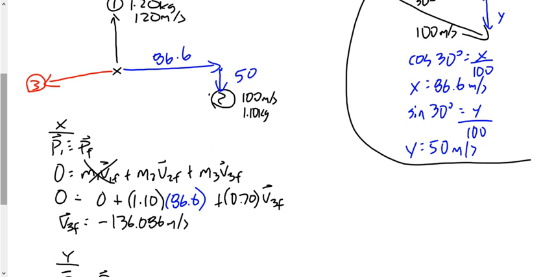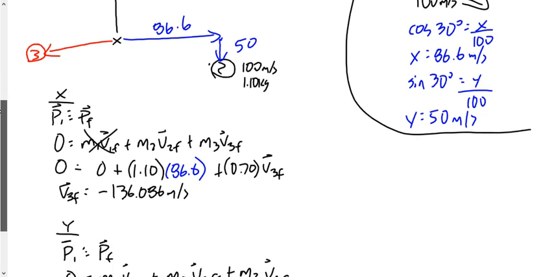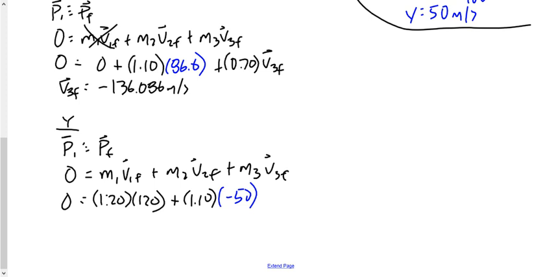Negative 50 on the y-axis, negative because it's downward. Plus m3, 0.70 kilograms times v3f. Solve for v3f here. You end up getting negative 127. Anybody else get that? Negative 127?